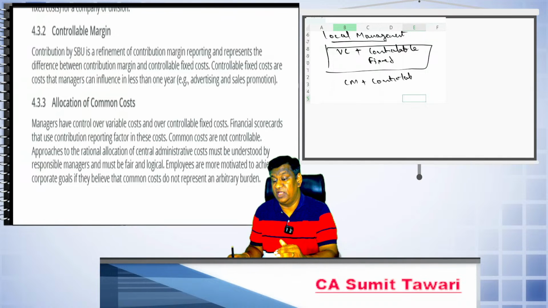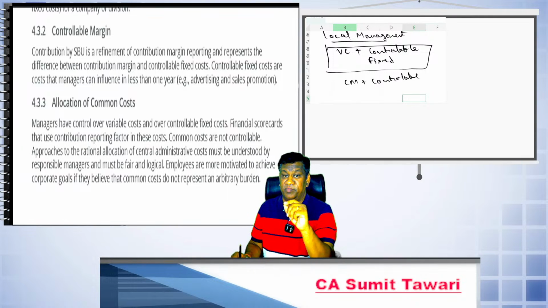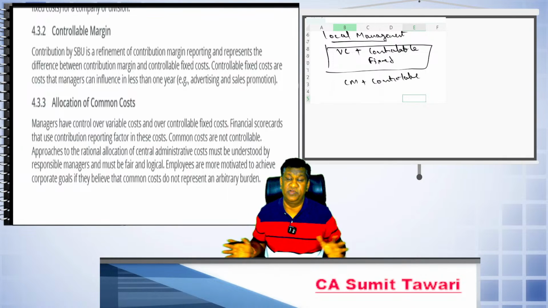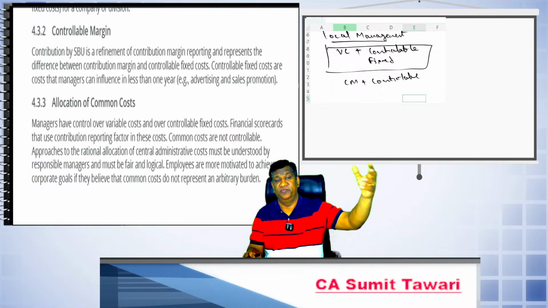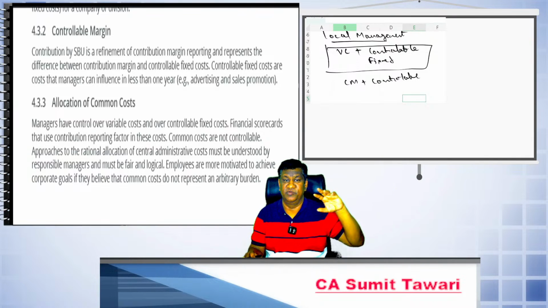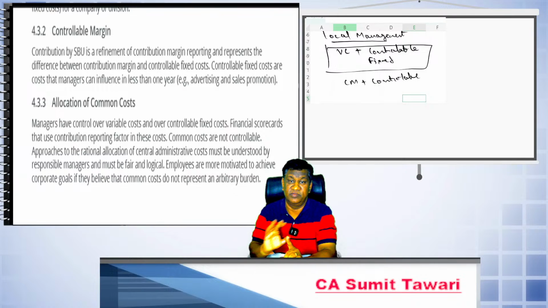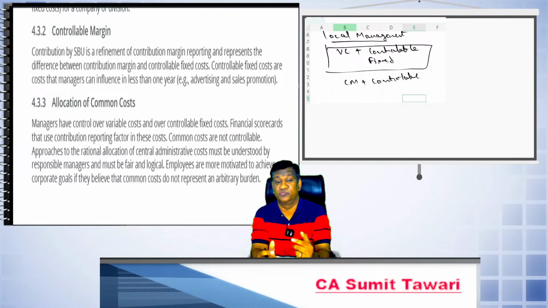Whenever we are calculating the net income, generally profit arises and we decide we need to incentivize the management. At that time you need to evaluate why the profit arises, whether because of controllable fixed cost or because of a low share of the common expenses, which is not controlled by the local management.